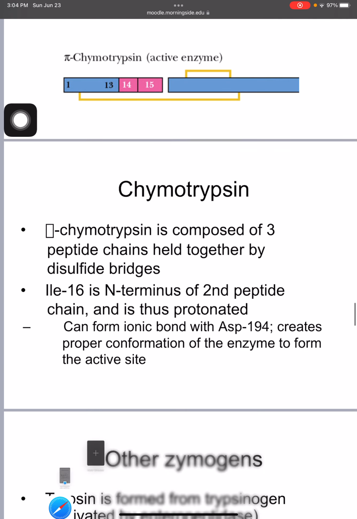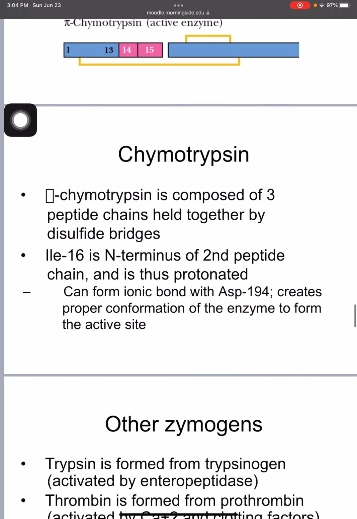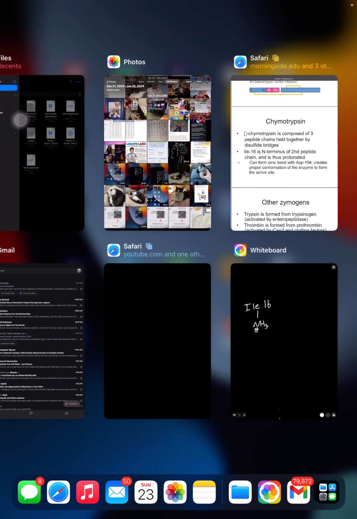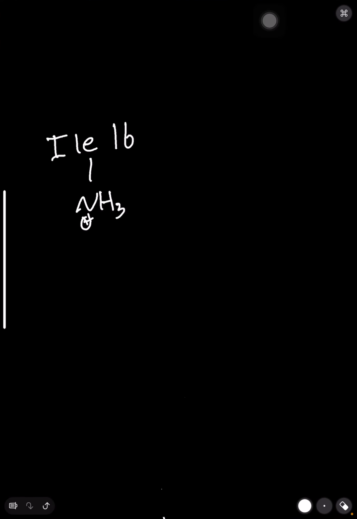All right. Okay, so we have that protonated isoleucine. Now, long way down the line, we have an aspartic acid 194. All right? Way down the line, but due to the folding of the entire chain, aspartic acid 194 comes into close proximity with isoleucine 16. And remember, aspartic acid has that side chain that is an acid group, right?